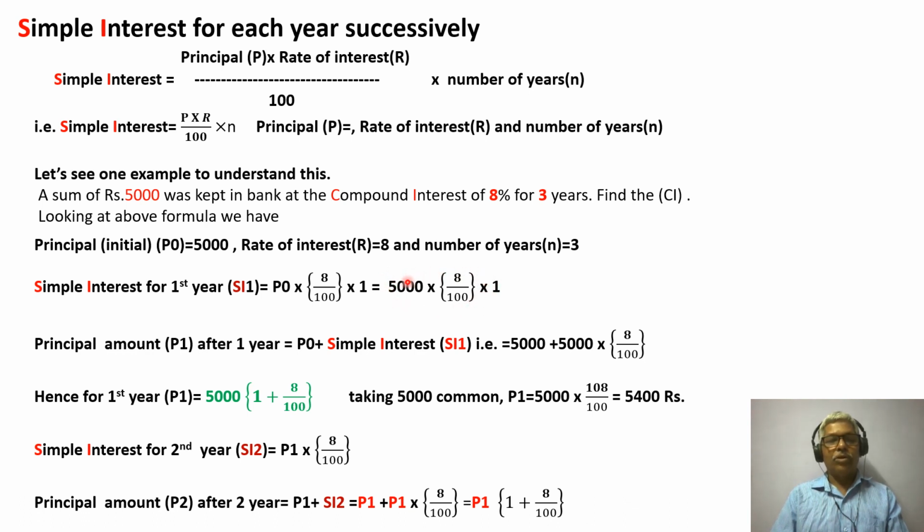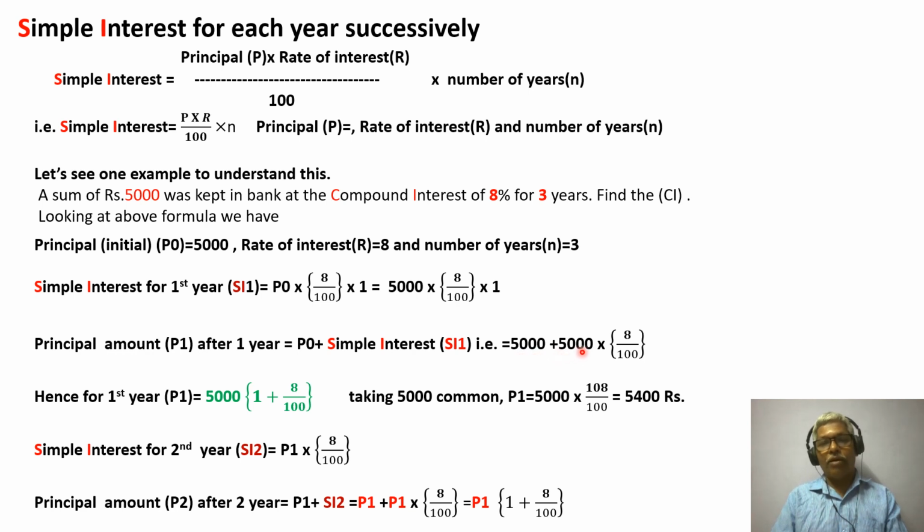Now the principal amount after the first year will be P0 plus the simple interest of that year added to the principal. Substituting, it is 5,000 plus 5,000 into 8 upon 100.